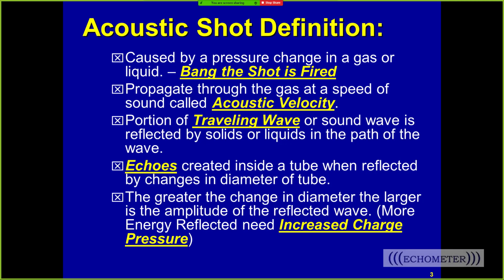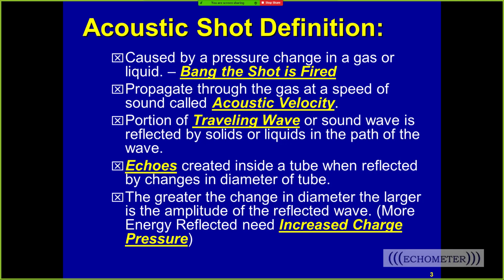The bigger the pressure wave, the more differential pressure, it doesn't change the speed. It just makes more energy and lets you see echoes deeper in the well. The traveling pressure wave has more energy, and you can see deeper in the well because of the increased pressure, but it doesn't change the speed, however much pressure you put in the gas gun.